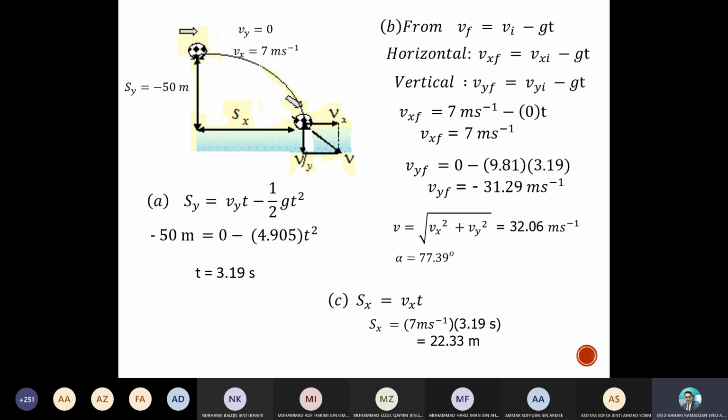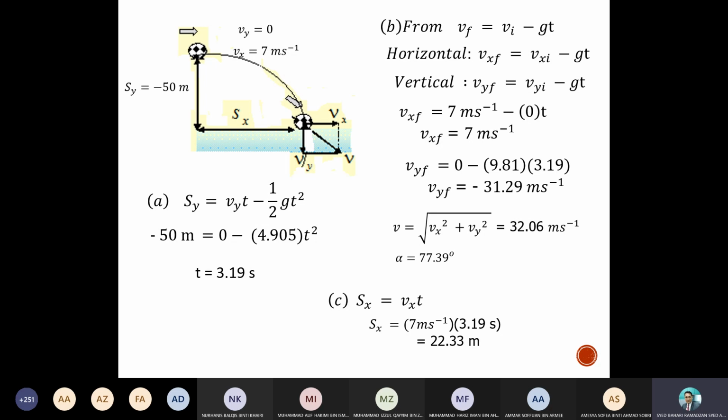If the question needs you to sketch the V final, you must base it on this angle. For example 77, it is supposed to be something like this, and this is 77.39. It depends, sometimes it may be here or here, depending on the angle.